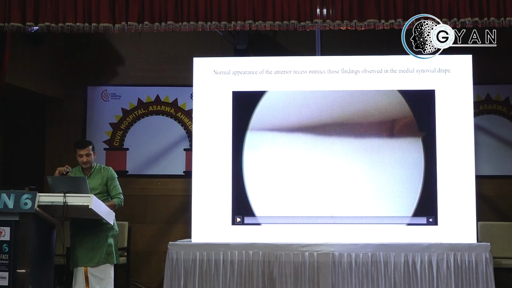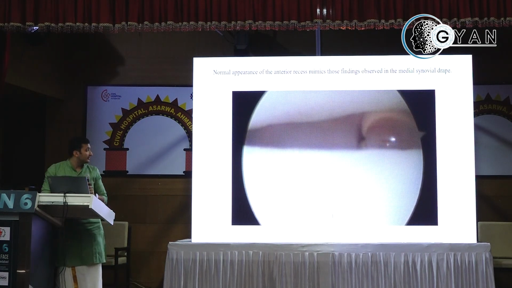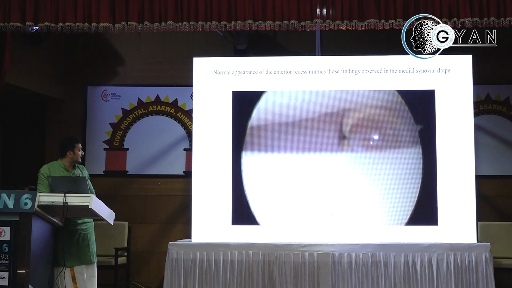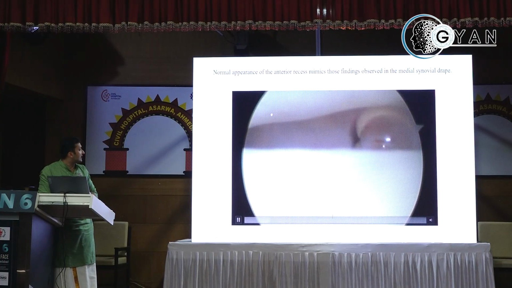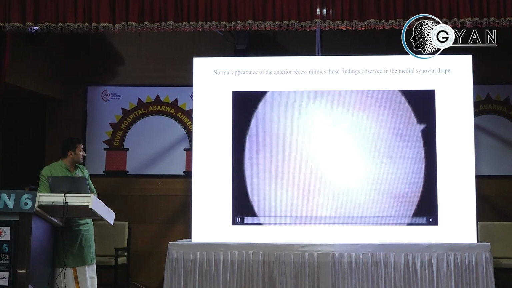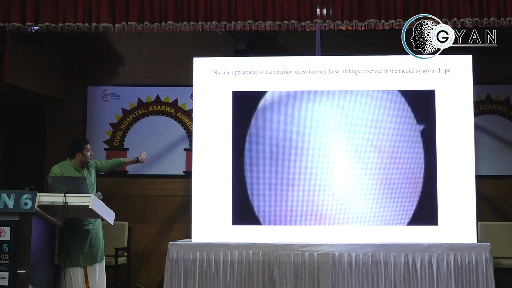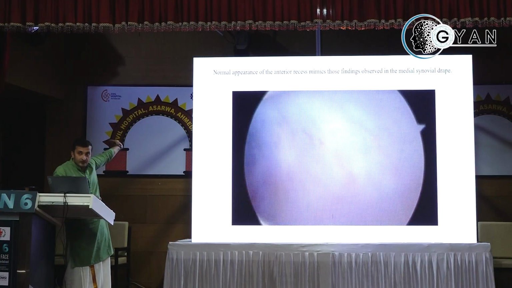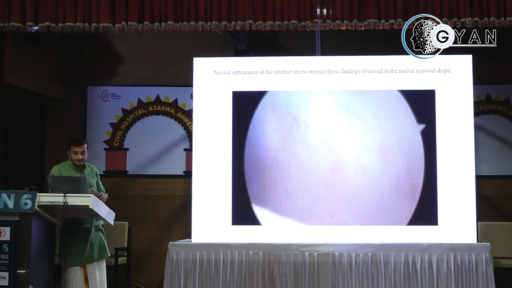So the normal appearance: this is your condylar head, this is your disc below, this is your articular eminence here, and that's your anterior recess on the side. And posteriorly, you can see the pterygoid shadow, and then you have your medial synovial drape.